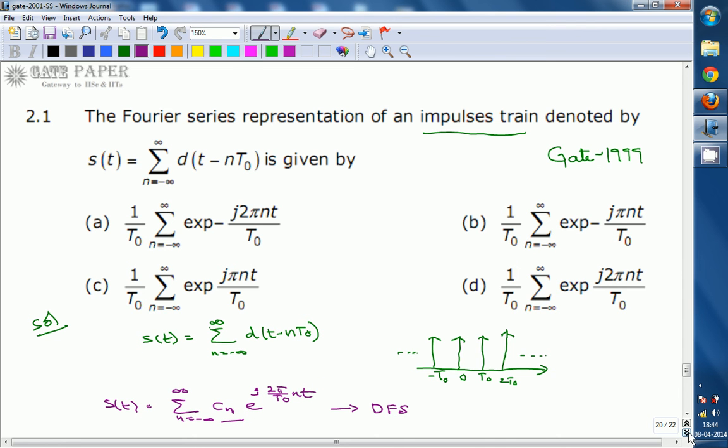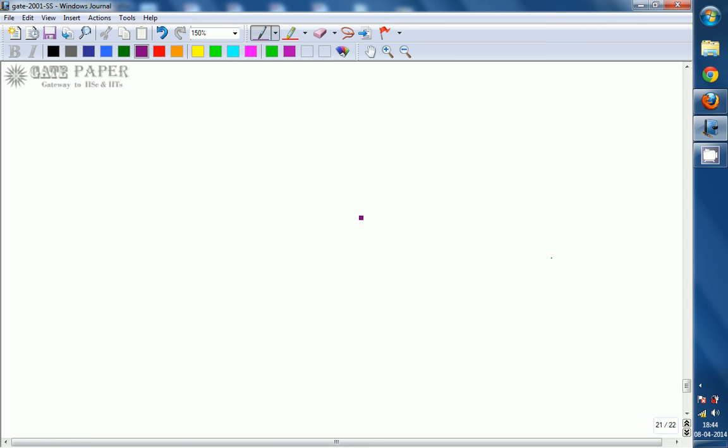In order to find the constant Cn, we have the expression Cn equals 1 by T naught integral 0 to T naught, over the period T naught, of s of t into e power minus j 2 pi by T naught n t. Now we need to find the value of this integration.